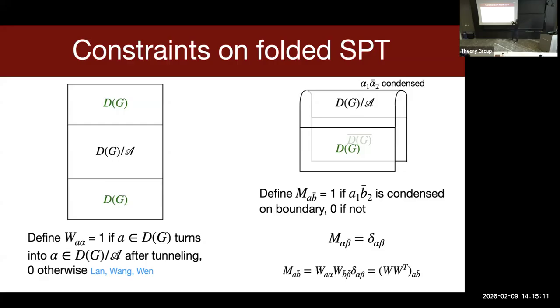But because I'm in this bilayer system, this thing has two indices, so it looks like a matrix. And it's useful to think of it as a matrix because if I view it as a matrix, it's positive definitely. But really, it's just saying which anyons in the topological order are contained in the top boundary.